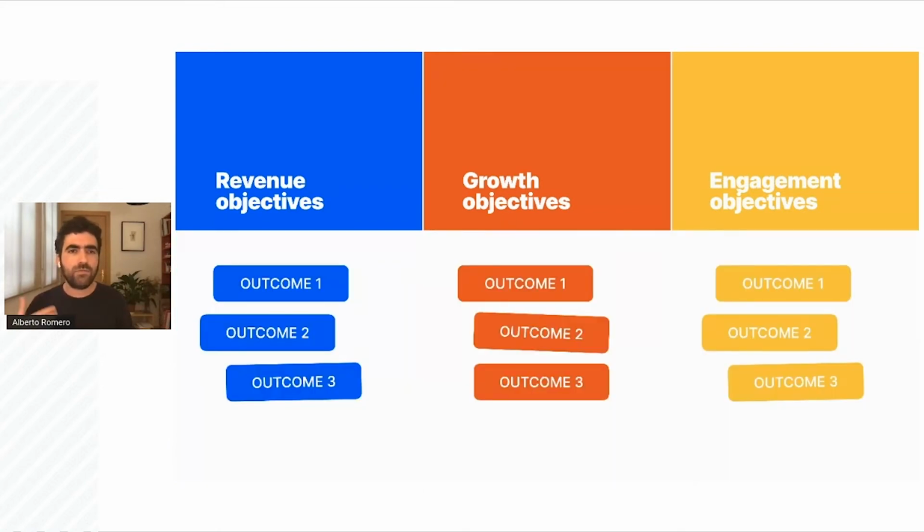So the idea here is trying to figure out how your product might help in each one of those areas and list specific outcomes you think you might achieve. I'm sure this will resonate with you if you're already using OKRs to manage your startup.